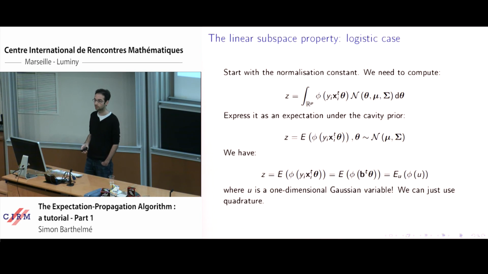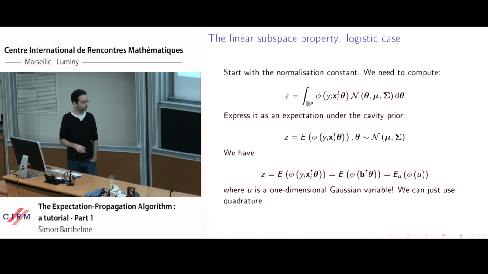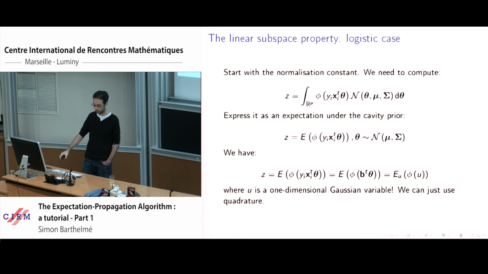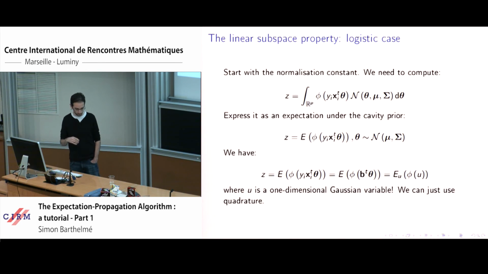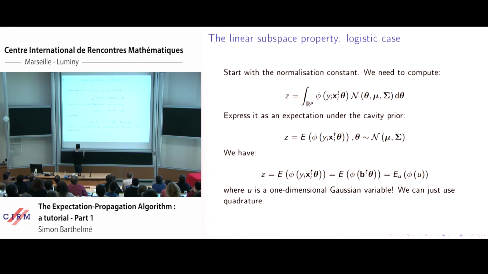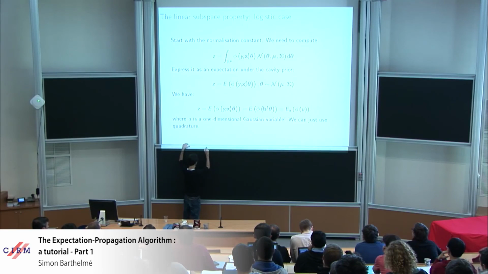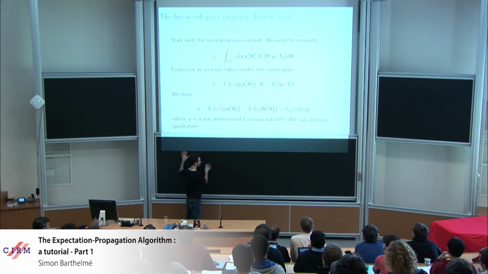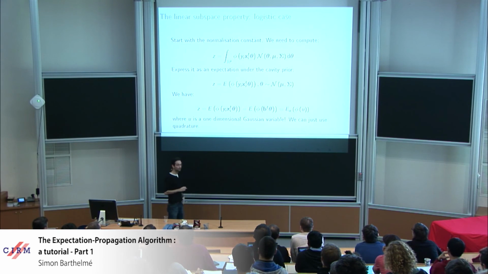I can do this using numerical integration. So this is for Z. Seeing what happens for the other moments, remember we need the mean and the covariance as well. To see what happens with the other moments, I'm actually going to use the blackboard. I'm just going to do it for the mean because the covariance requires a bit more notation.